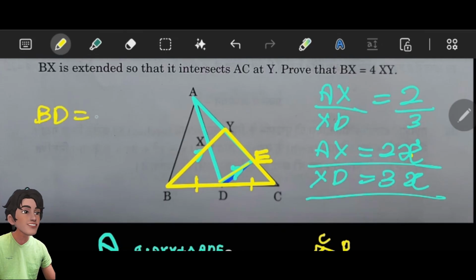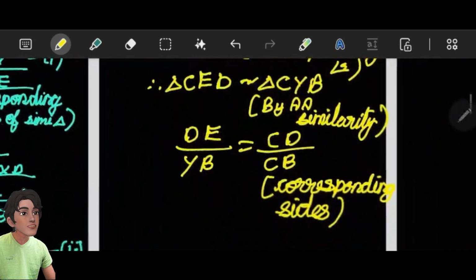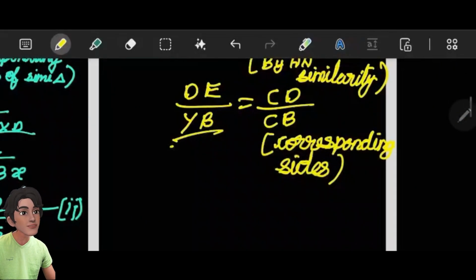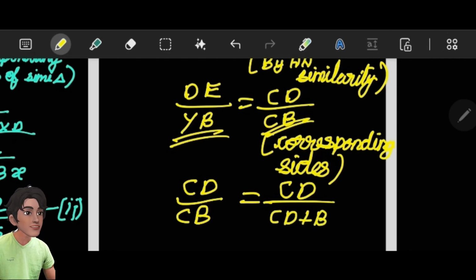Now we can write CD by CB in the format like CD by CD plus BD. Now, as it's given, we can represent it as y.